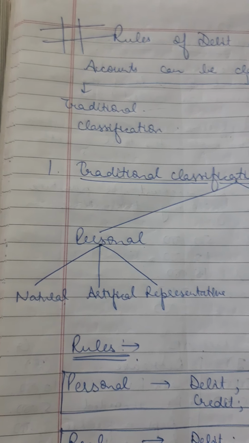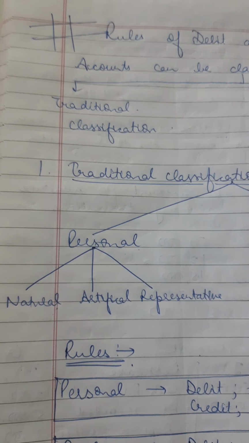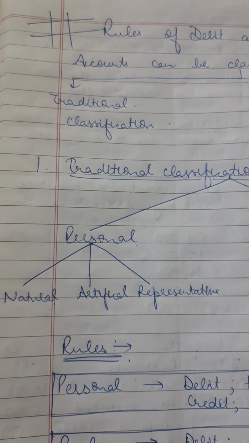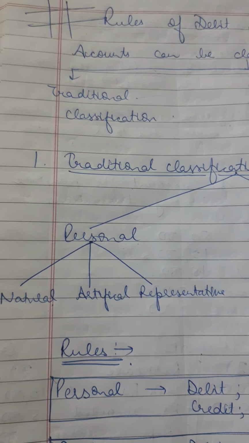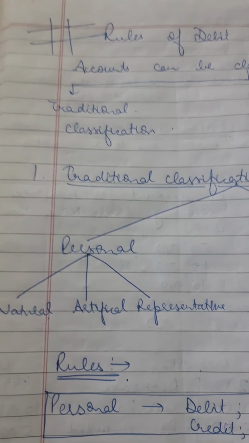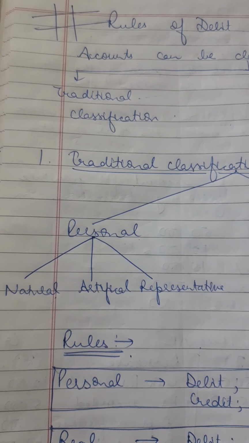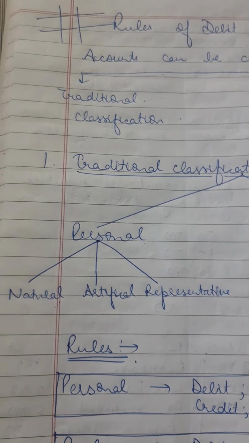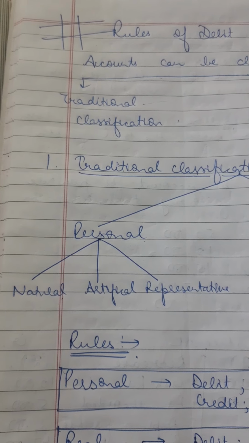Example, Reliance Limited, Police DAV Public School, any cooperative society, etc. Then representative personal account. These are the accounts which represent a certain person or group of persons. For example, if the rent is outstanding to landlord, the outstanding rent will be called as representative personal account.